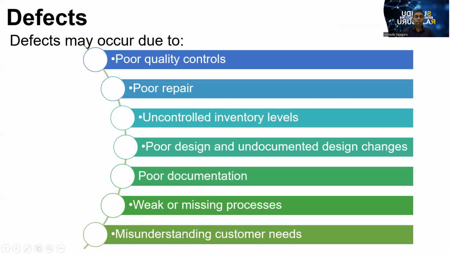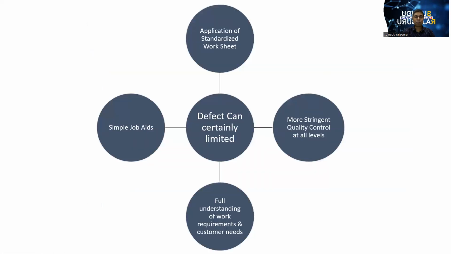Defects can occur because of poor quality controls, poor repairs, uncontrolled inventory levels, poor design and undocumented design changes, poor documentation, weak or missing processes, misunderstanding of customer need. Usually, defects can certainly be limited. If we can apply the standardized worksheet, we can reduce the defect.